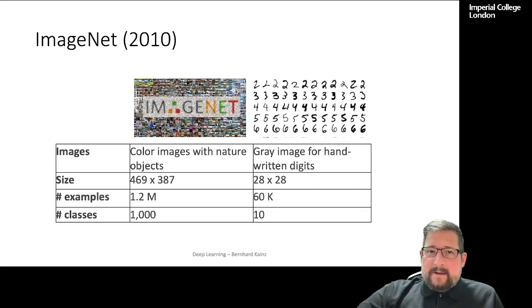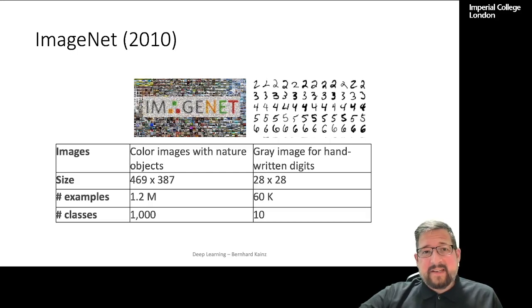ImageNet images were also in full color, represented by 3 channels: red, green, and blue. And this was a departure from the grayscale images that networks like LeNet, or computer vision in general at the time, were designed to handle.